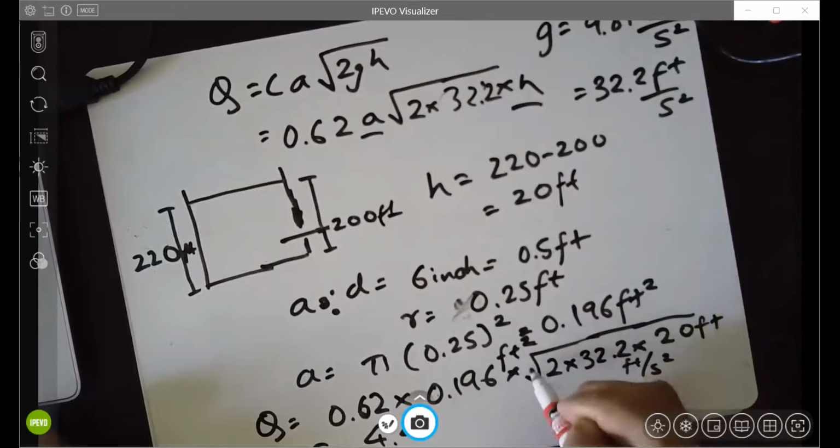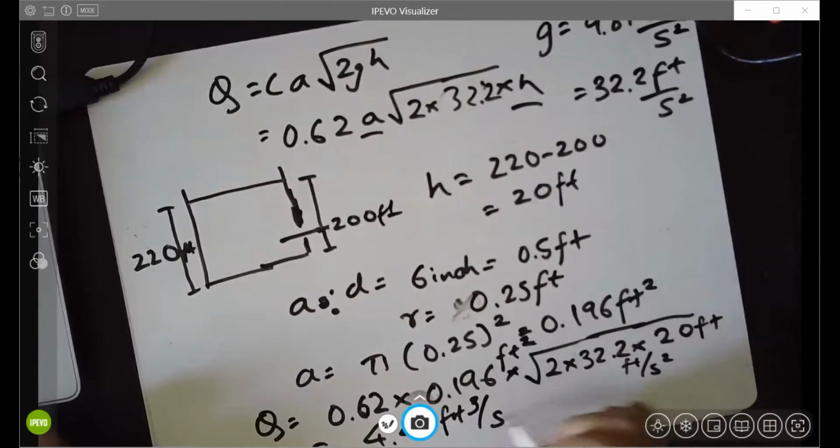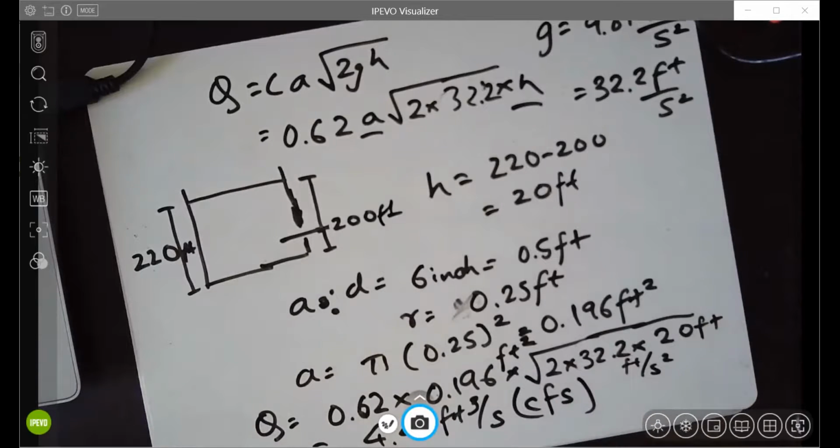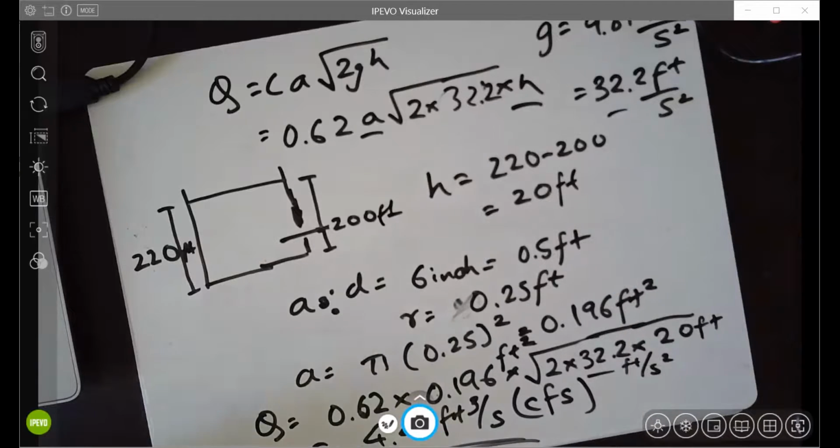Feet per second times feet squared gives feet cubed per second, which is cubic feet per second, CFS. That's why units are very important when making your answer. See, I made a mistake right here.